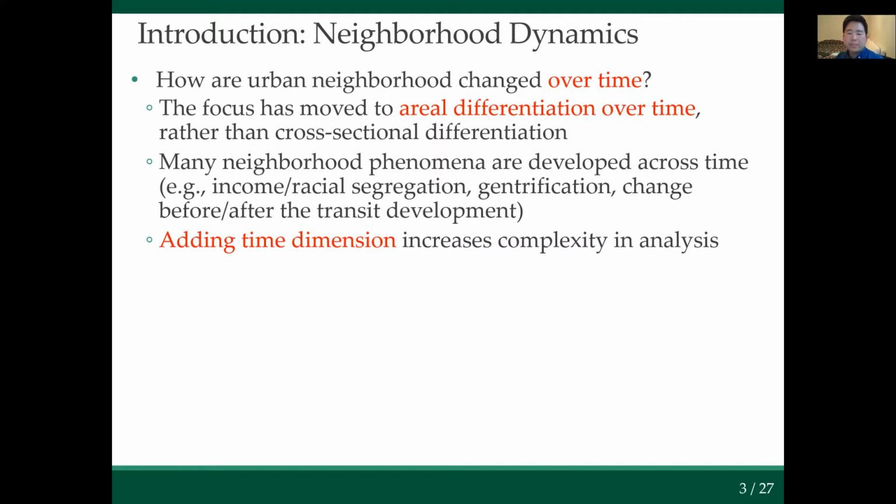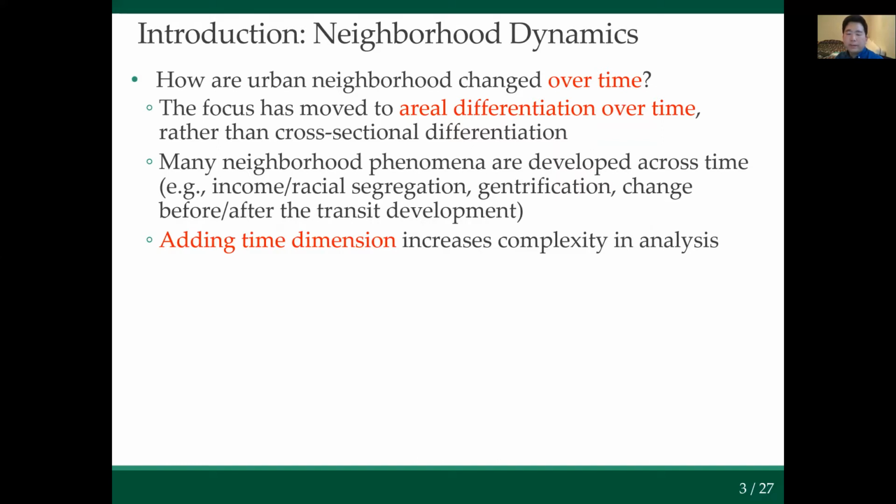We see that many cities' income segregation and racial segregation have evolved from redlining, which was made in the early 20th century, white flight, transit developments, and gentrification. All of those issues are processes that proceed along the time dimension.